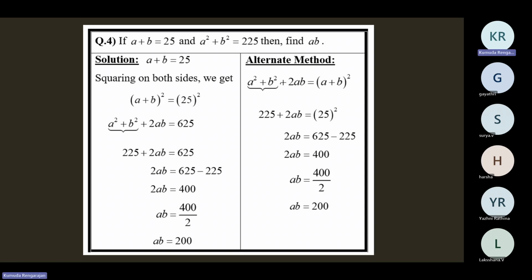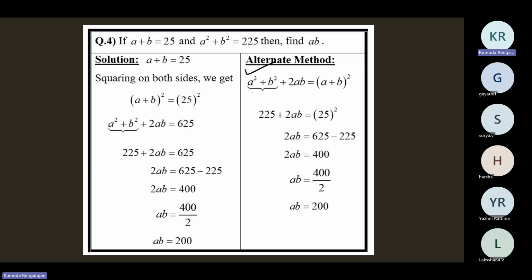So this is what we saw, the alternate method now. So writing the identity, a square plus b square plus 2ab is equal to a plus b the whole square. You can also write a plus b the whole square is equal to a square plus b square plus 2ab. Anyways, you can write it. Okay. So we just discussed this method.